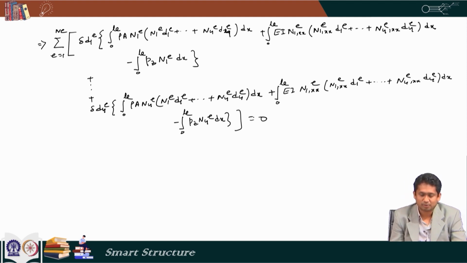So, the entire summation can only be 0 when each of the terms they are multiplied with is separately 0. Whatever is multiplied with delta D1 is 0, whatever is multiplied with delta D2 is 0, delta D3 is 0, and delta D4 is 0. So, that gives me 4 equations for each element.